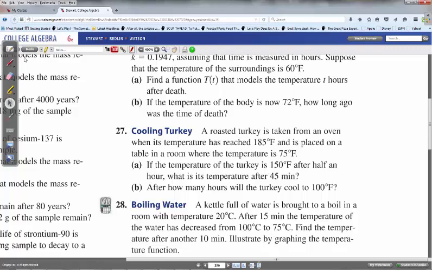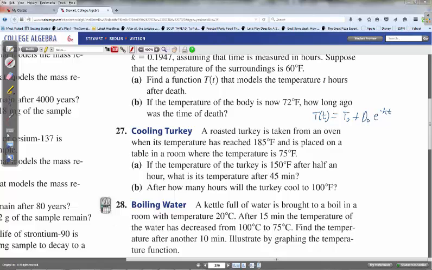So, some initial stuff from our Newton's law of cooling formula. You might want to go look that up and write it down on your paper. I'll go ahead and give it here, but I'm just going to erase it in another second. T of t equals Ts plus D sub 0 e to the negative kt.